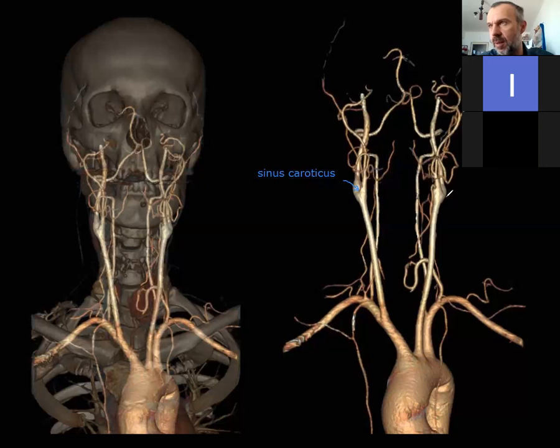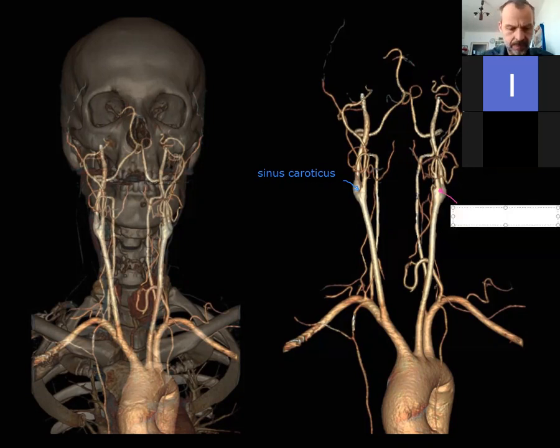Yeah, that's baroreceptor, and we have talked several seconds ago about the structure which can be found here in between the two carotid arteries, and we call this glomus caroticum, a carotid body, and this is a chemoreceptor.